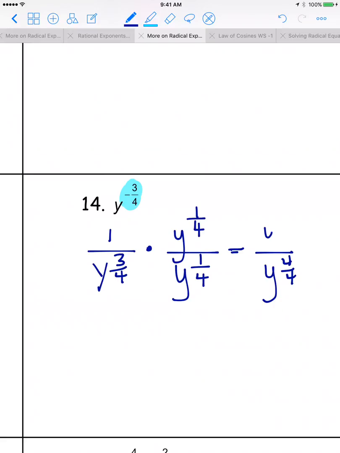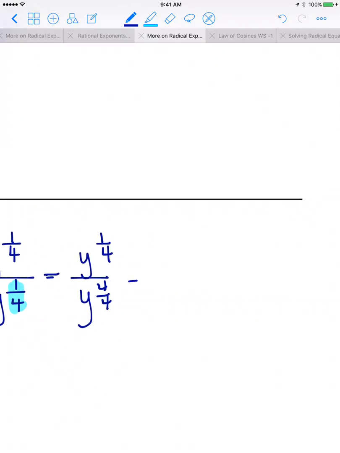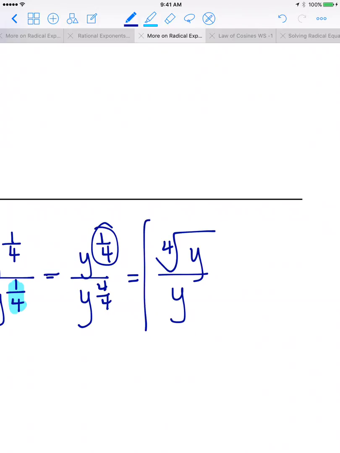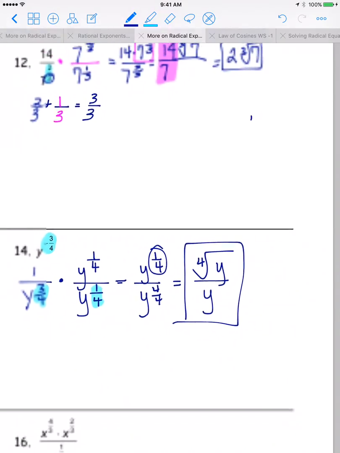So in our numerator we have y to the 1/4, and in our denominator we have 3/4 plus 1/4, which is going to give us 4/4, which is just going to be y. And if we change this to a radical, this would be the 4th root of y. And then we've simplified.